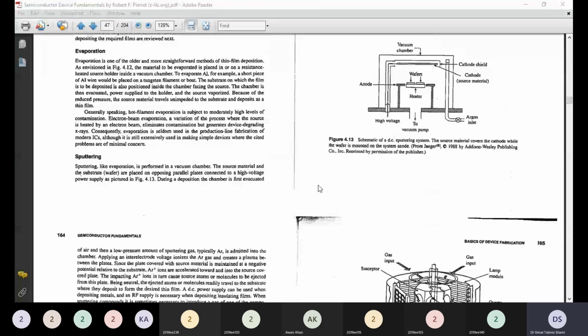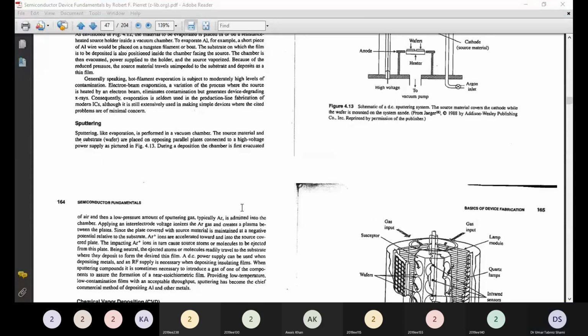Sputtering, like evaporation, is performed in a vacuum chamber. The source material and the substrate wafer are placed on opposing parallel plates connected to a high voltage power supply as shown in figure 4.13. During a deposition, the chamber is first evacuated of air and then a low pressure amount of sputtering gas, typically argon, is admitted into the chamber.